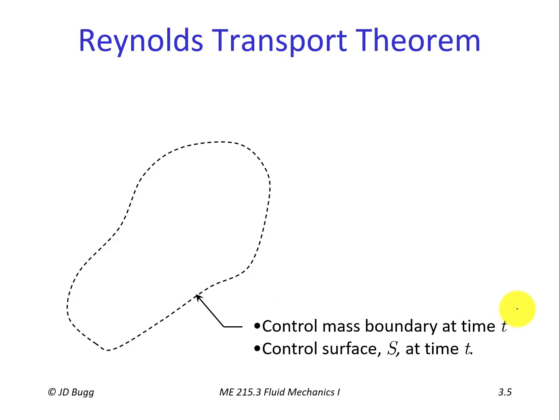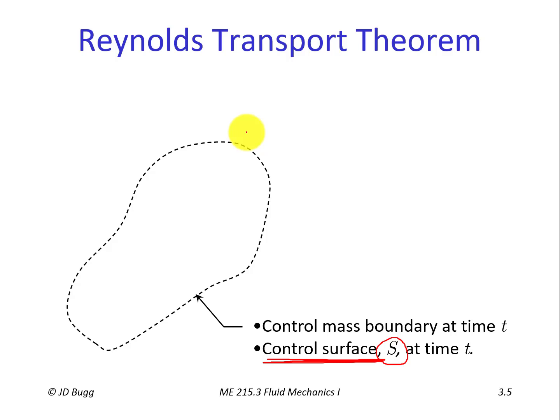So we're looking at this situation at time t. And at time t, this dotted line is both our control volume boundary, which we call a control surface, and in shorthand we call that S. So our control surface S at time t happens to have this shape.